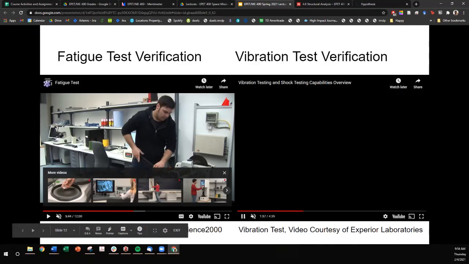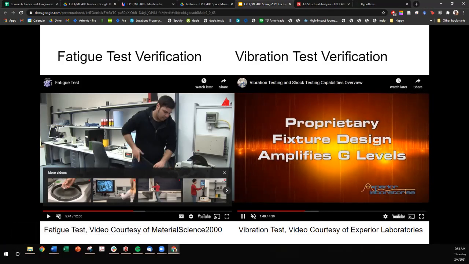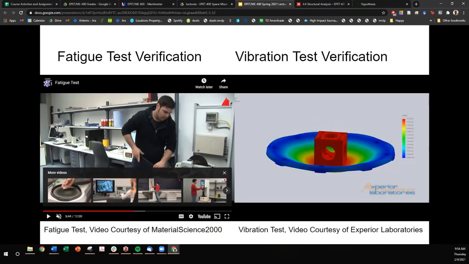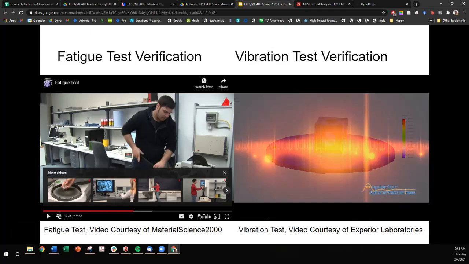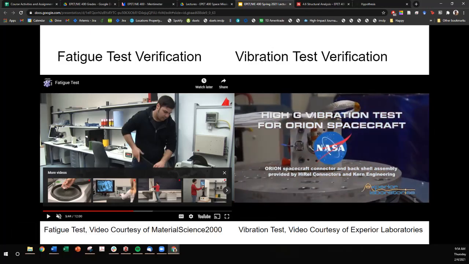And then vibration testing. Let's see a video of what that setup looks like. There are different acceleration profiles, so like a max acceleration at a certain frequency that is desired for vibration testing.